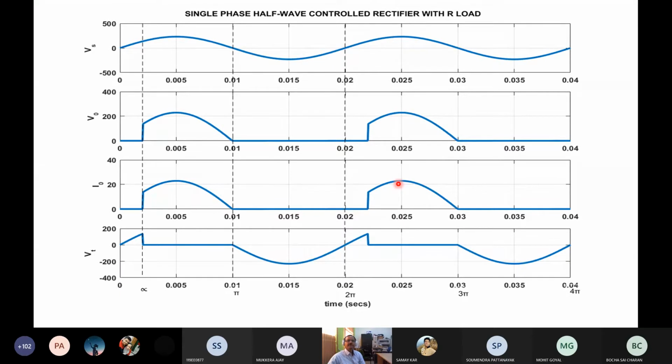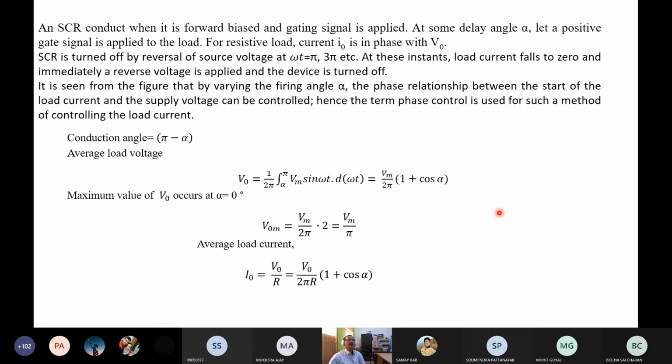This is VT, the voltage across the thyristor, when it is not conducting. The SCR conducts when it is forward biased and a gate signal is applied at some delay angle alpha.